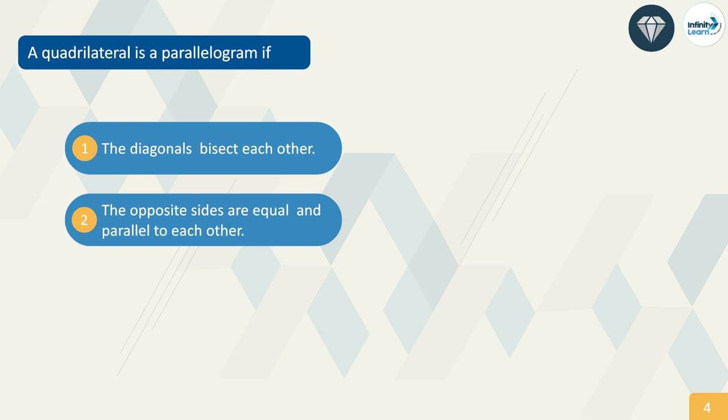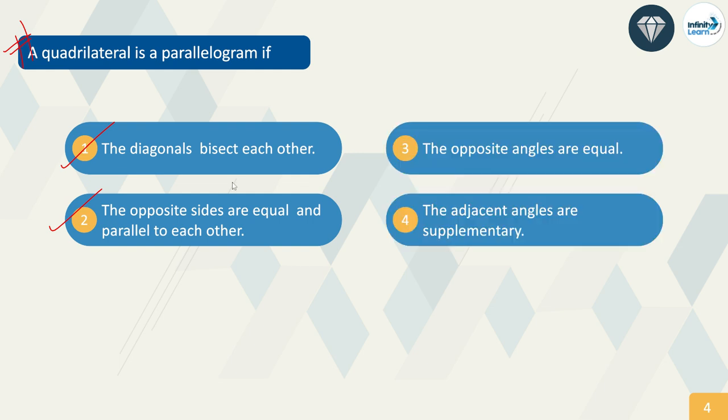Now, theorems. What are the theorems that we're going to study? A quadrilateral is a parallelogram if diagonals bisect each other, or opposite sides are equal and parallel to each other. Condition number 3: opposite angles are equal.